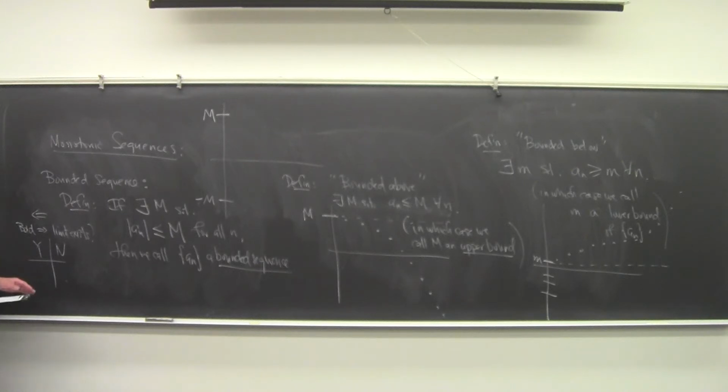Okay, vote again. Who says limit implies bounded? Few people? No? Fewer people? Some people? Okay. The answer is yes. If a limit exists, then it's going to be bounded.